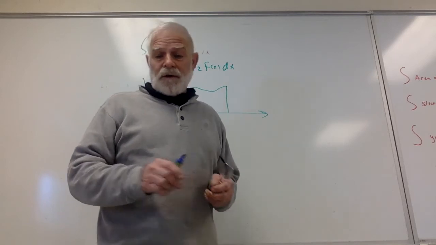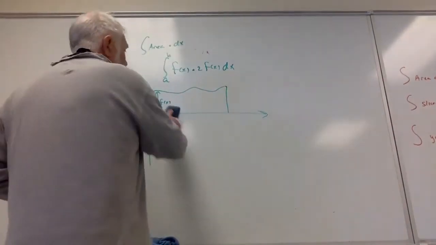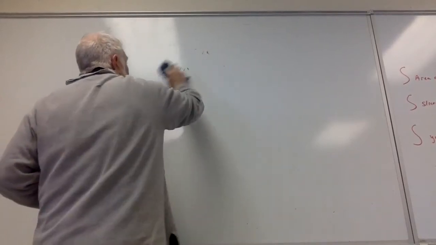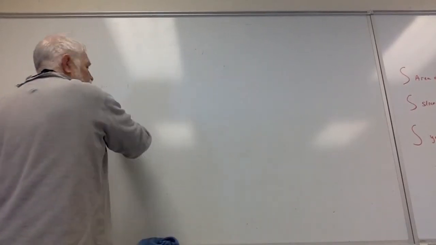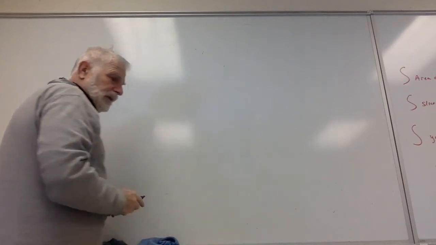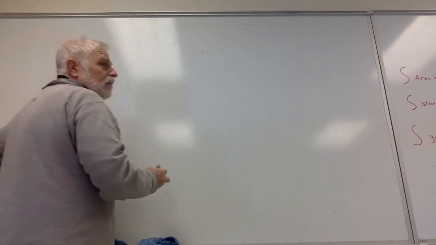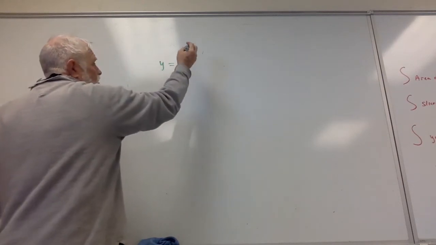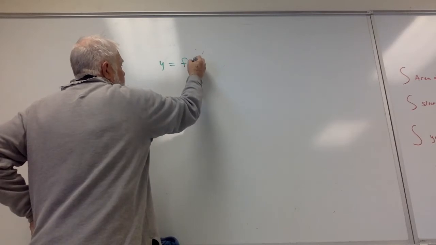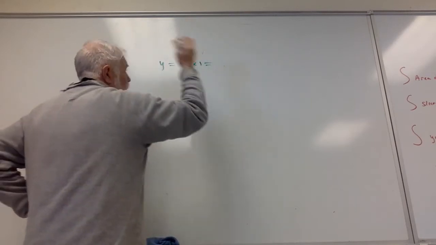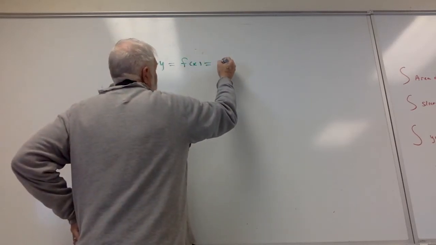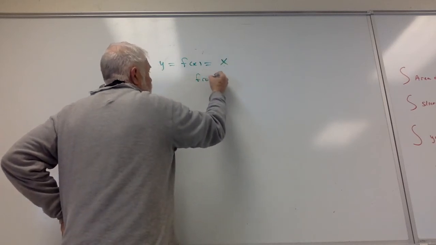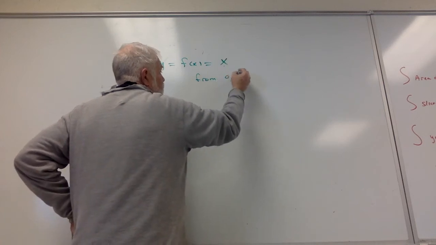I'll give you one. I think I ought to give you an example of one here, and you try it now. All right. So let's see. So we're going to rotate, and we'll actually do it out. Find the volume of revolution created when y equals f of x, which equals, how about we do y equals x from, how about we go from 0 to 10.